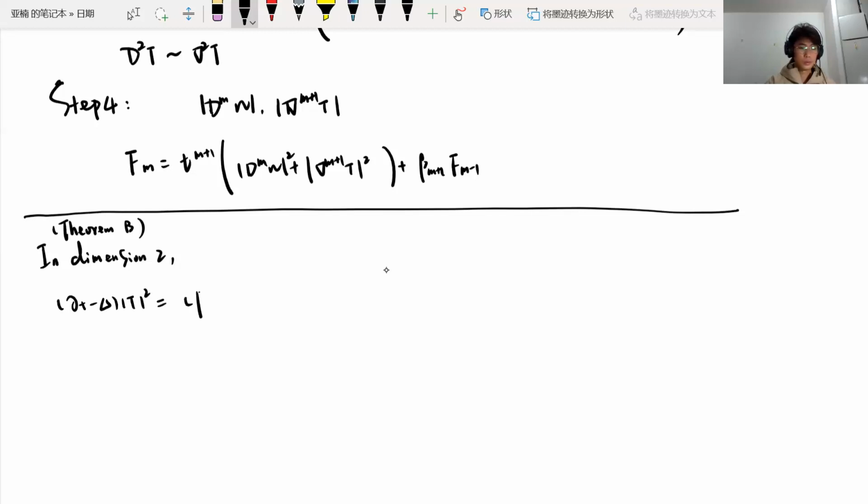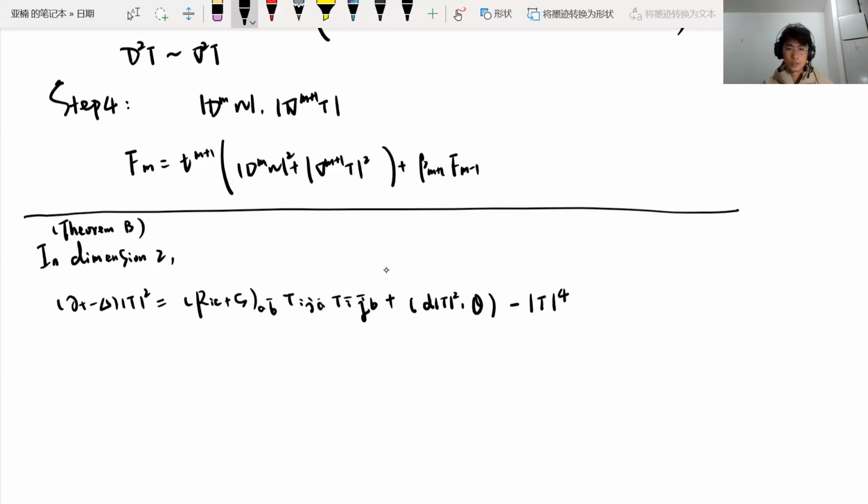If we consider clearly that there is the first order term, actually the fourth order of the norm of T is a minus, it is a good term.